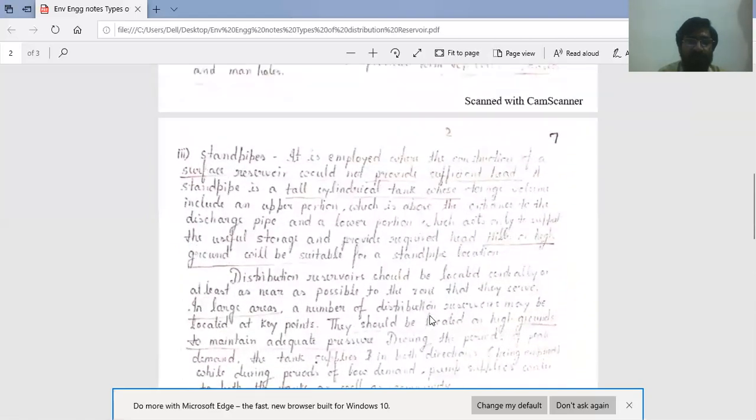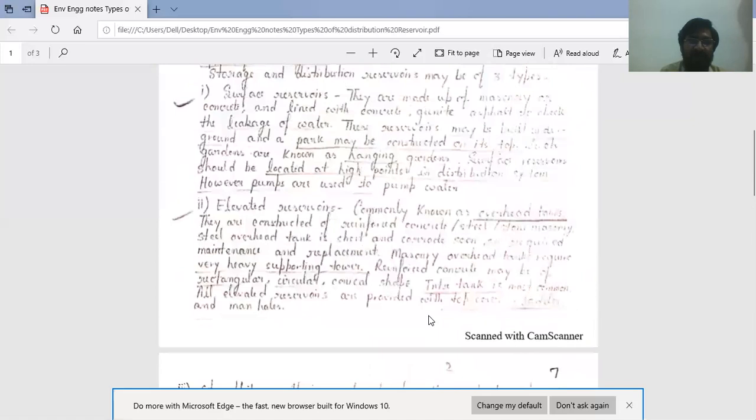And second type is elevated reservoirs, commonly known as overhead tanks. They are constructed of reinforced concrete, steel, or stone masonry. Steel overhead tanks are short-lived and corrode, so they require maintenance and replacement.